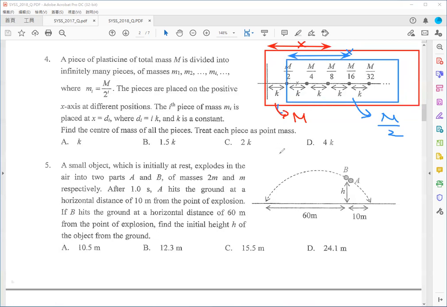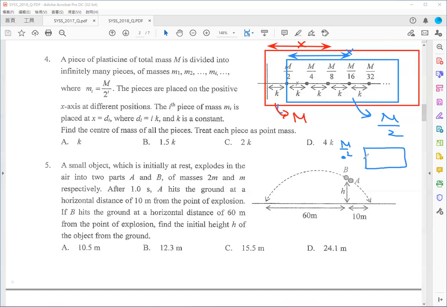And then, okay, right now I just consider the system of m over 2, and the blue box, or the blue system.